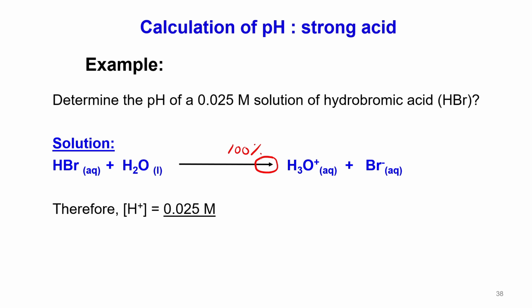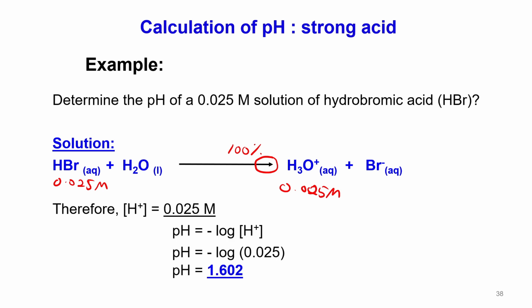Jadi kalau strong acid, HBr dissociates to produce H3O plus 100%. The concentration of HBr is 0.025 molar, so the concentration of H3O plus is also 0.025 molar. So we can directly calculate the pH. pH is equal to negative log H plus, equal to negative log 0.025, which is equal to 1.602.